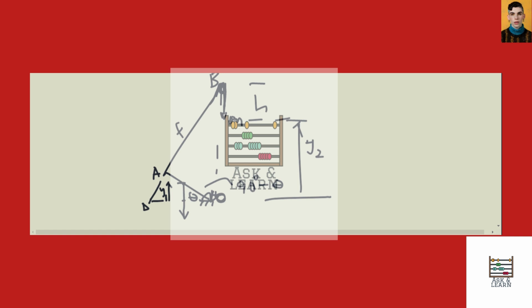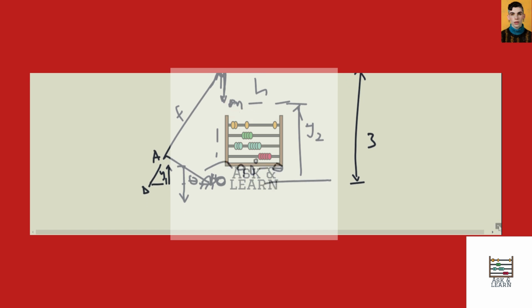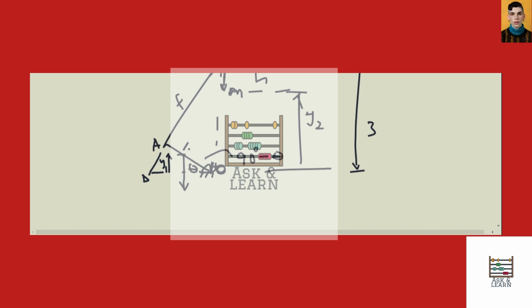So this height is given as 3 from the datum to the top there. For the rod OA, it is given to us to be 1 meter. Therefore, since A will coincide with D when the rod is horizontal, DO is also 1 meter.